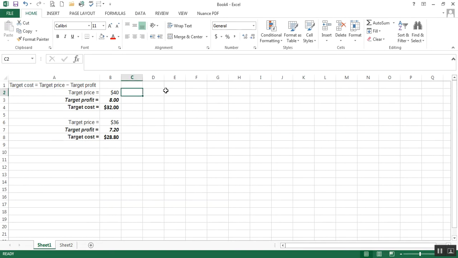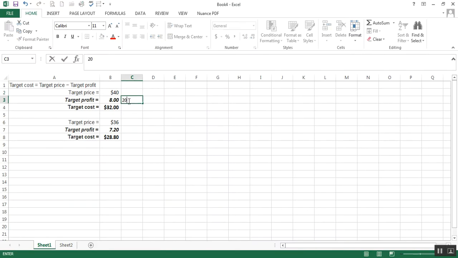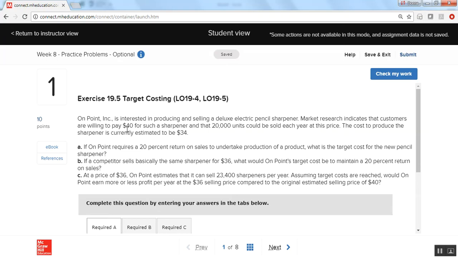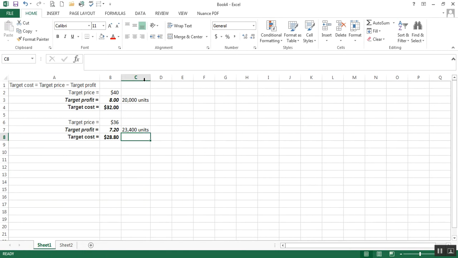Under this scenario, when we're selling at $40, we sell 20,000 units. And under the $36 scenario, we sell 23,400. So in order to calculate our profit, we would take our profit times the number of units.